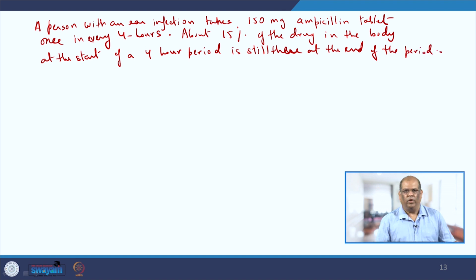So, a person with a certain ear infection takes 150 mg of ampicillin tablet every 4 hours, and 15% of the drug is in the body in this 4-hour period.